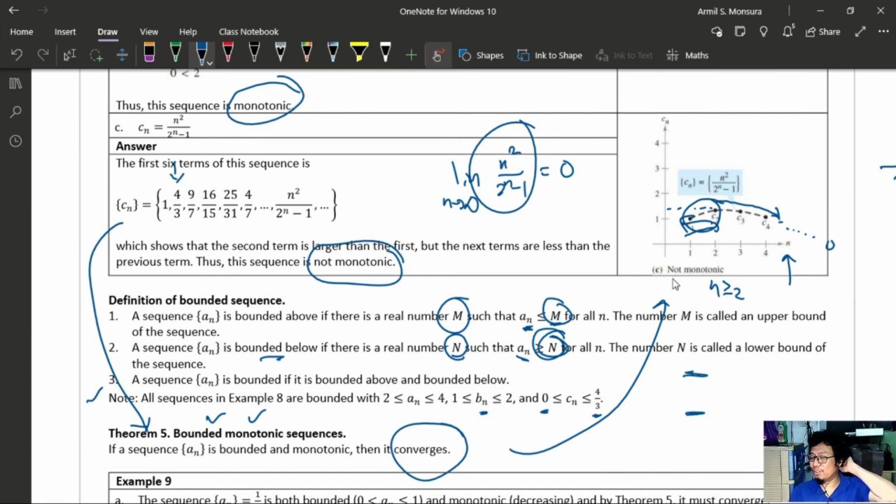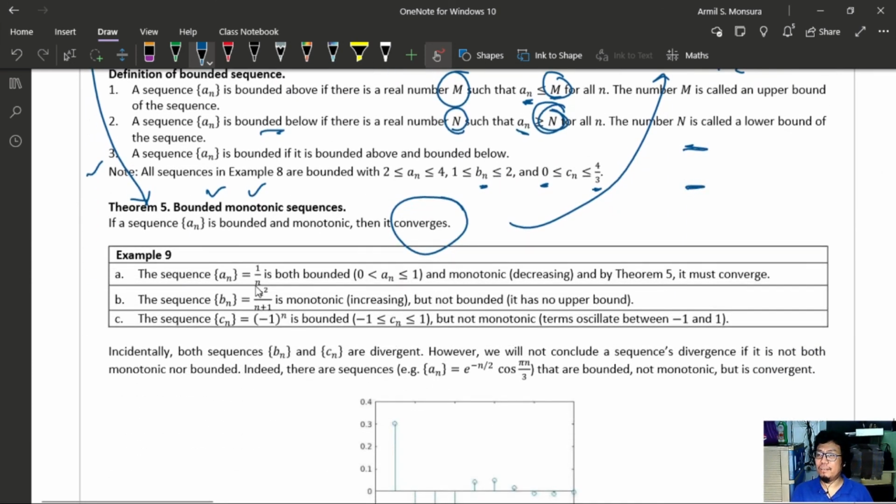The convergence of the sequence has nothing to do with the behavior of the first few terms. The convergence of the sequence actually depends on the behavior as it approaches infinity. So you look at the general behavior, not the behavior of the first few. That is why I was saying earlier that there is a danger in making your conclusions out of the first few terms.